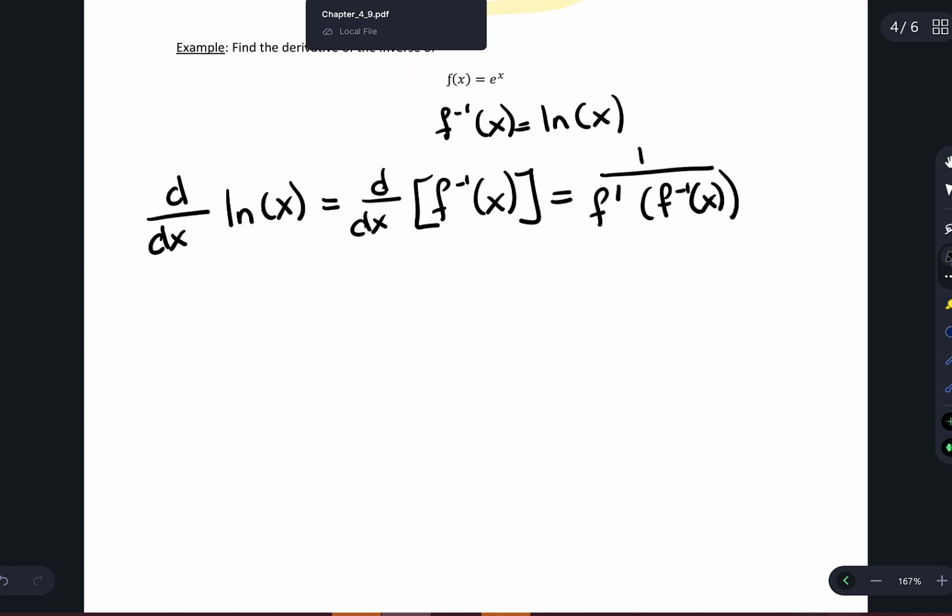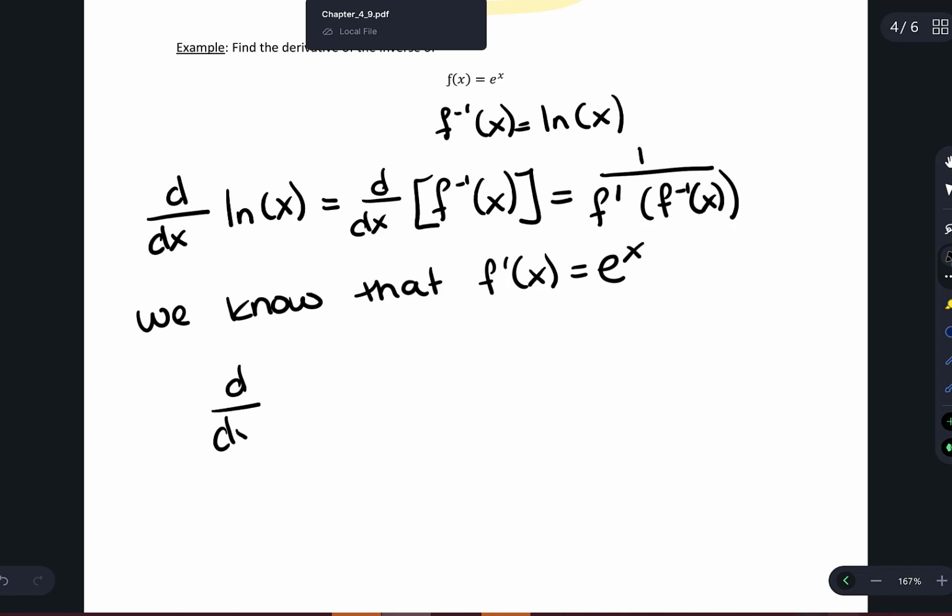All right, so we know when we work with base e that the derivative of f of x is just equal to e to the x. So therefore, the derivative with respect to x of the natural log of x is equal to 1 over, well, we're going to have the derivative, which is e to the x, but we're going to evaluate it at the inverse function, which is the natural log of x.